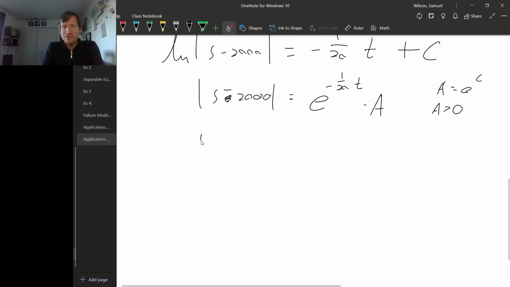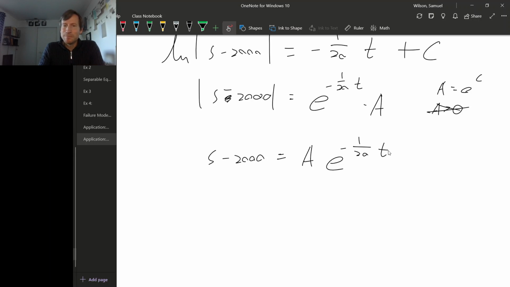But then when we remove these absolute values, that has the effect of putting a plus or minus on the right-hand side. So it's really plus or minus A. But if A is positive, plus or minus A can be positive or negative. And so why don't we just say that A is anything rather than strictly positive. So A times e to the minus 1 over 20 t.